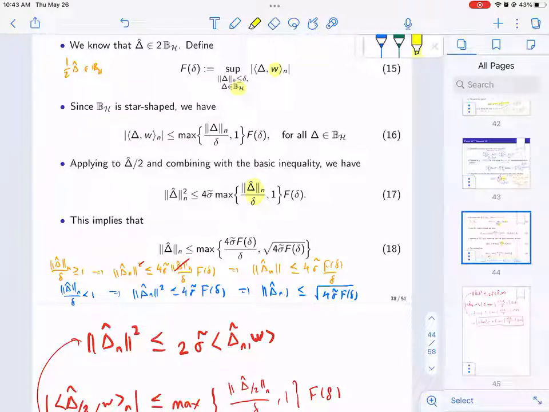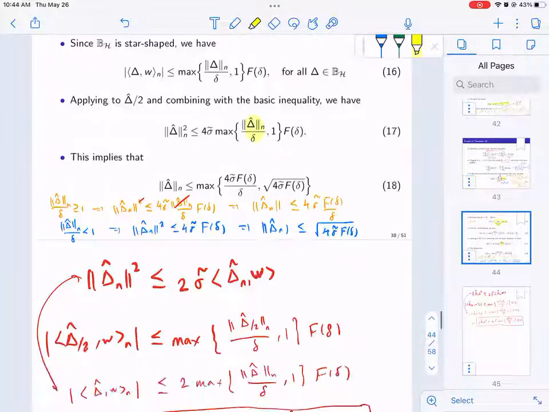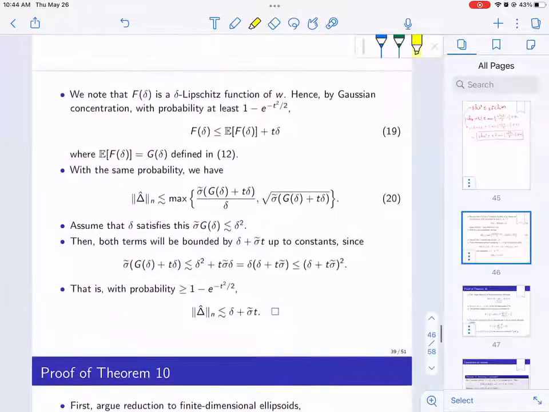So this concentrates near its expectation, and the concentration is sort of dimension-free. Basically, this is going to be sub-Gaussian with sub-Gaussian norm delta. That follows from sub-Gaussian concentration. We didn't talk about this in this course, but take any book on concentration inequality. This is there. So this is a delta Lipschitz function of W, hence by Gaussian concentration, you get this bound.